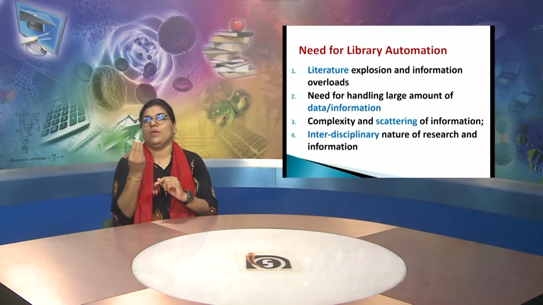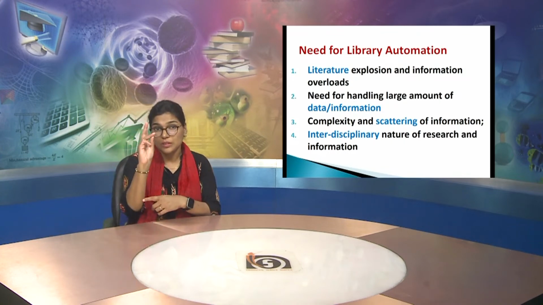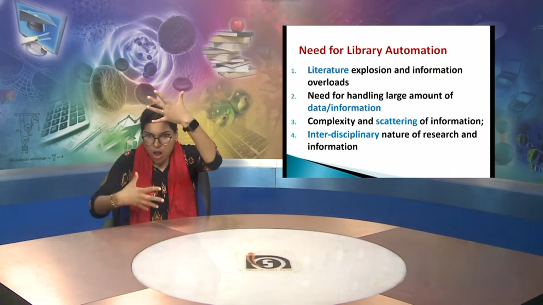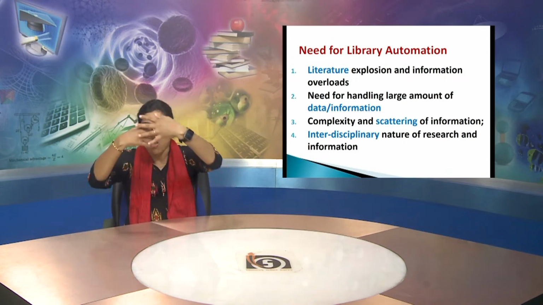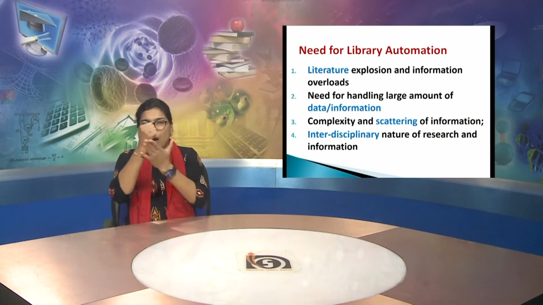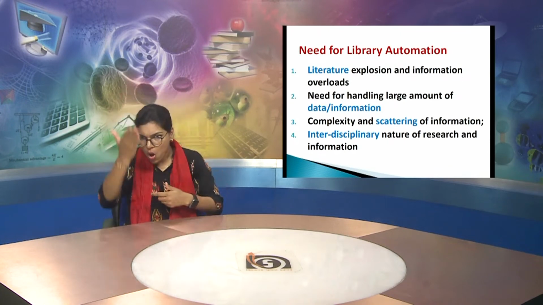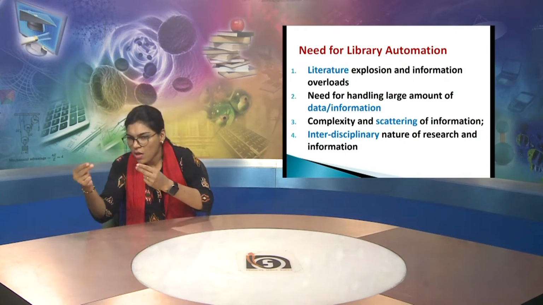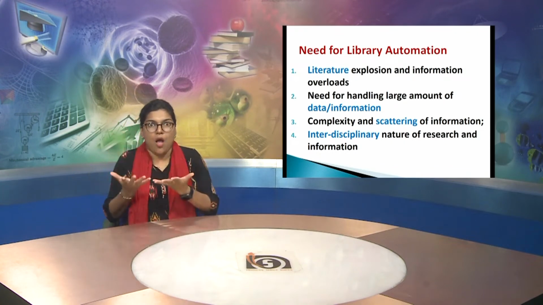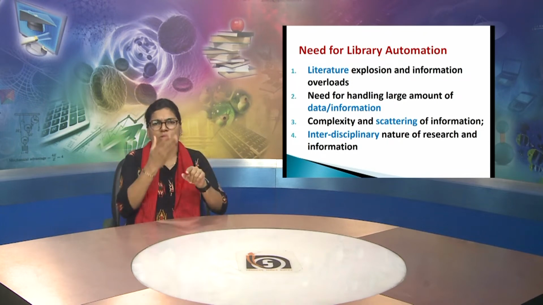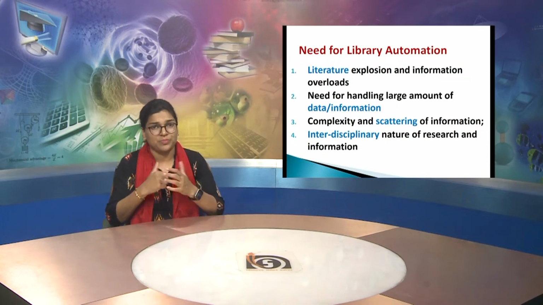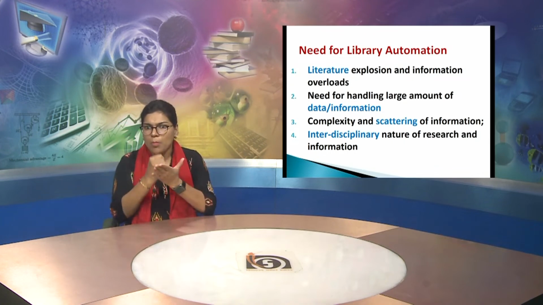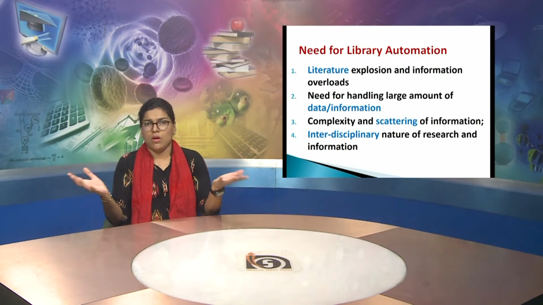Third point, complexity and scattering of information. As we know that information is enormous, and also along with the data explosion, the information is also of different types, which makes it complex. So that created a need for library automation.